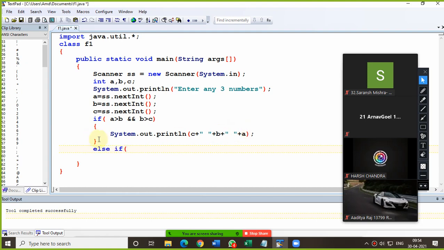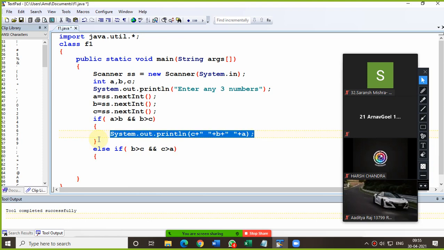Now see, one more condition. If B is greater than C and C is greater than A, then which sequence is required to be printed?